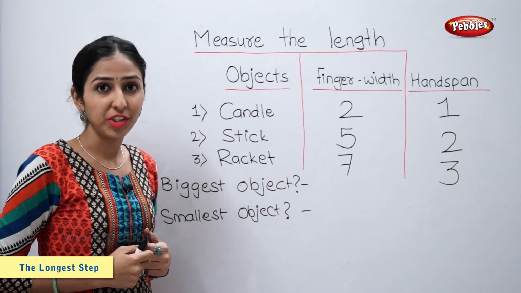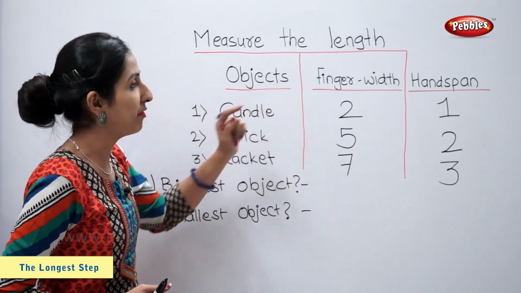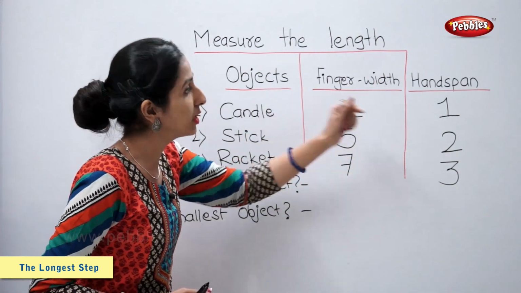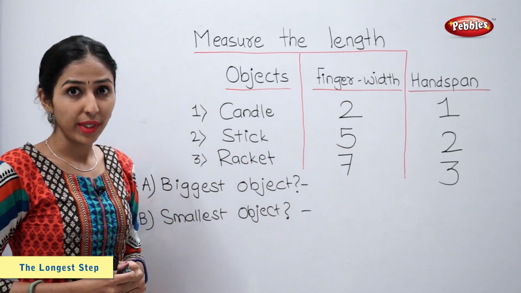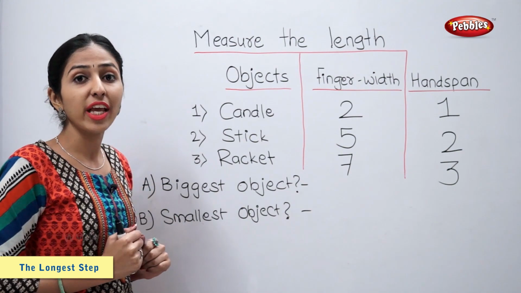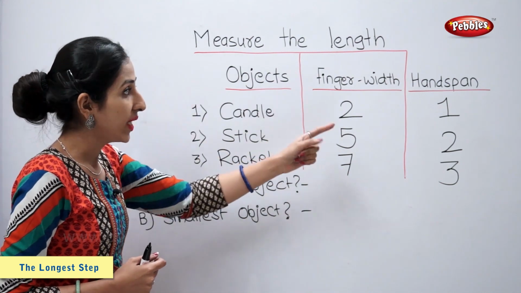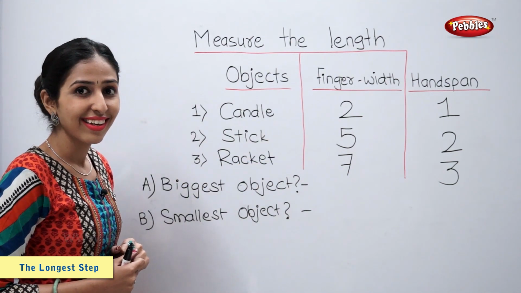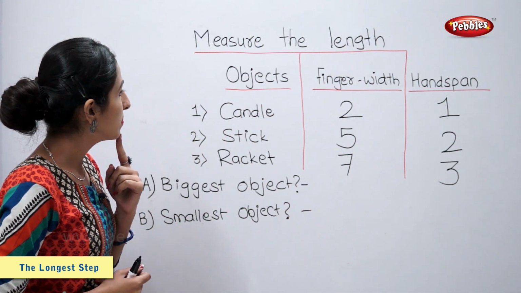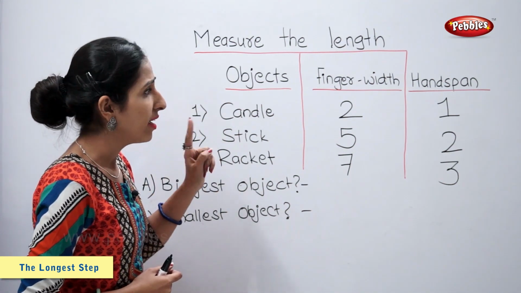So we have measured length of these objects using finger width and handspans. Now students, you tell me, which is the biggest object? Look at this chart and tell me. Stick.